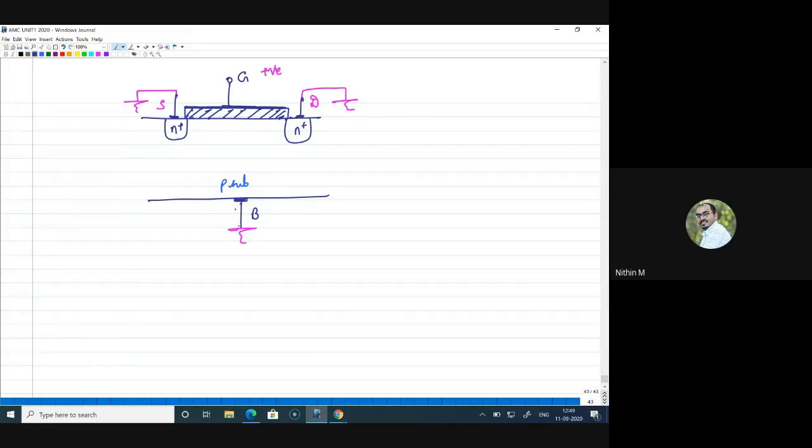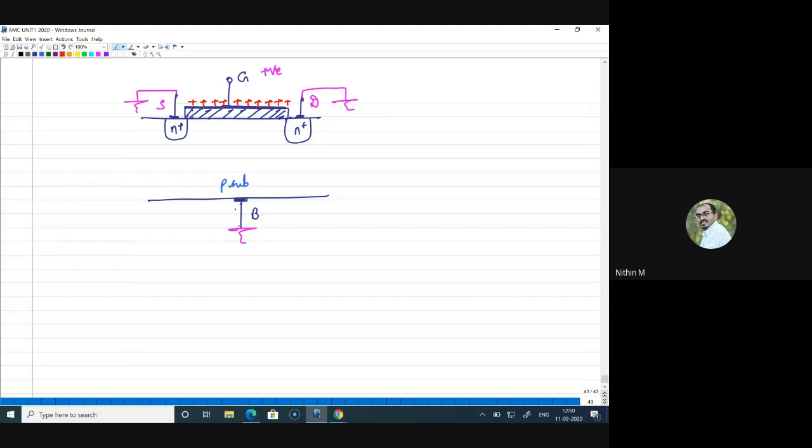And I'm applying a positive voltage to the gate. When I say I'm applying a positive voltage to the gate, I'm applying it with respect to the bulk, or the 0 volt ground connection. I know that if I apply a positive voltage, positive charges will come on this metal plate, and a similar parallel capacitive action will take place, and negative charges will be induced in the other conductive layer of this parallel plate.